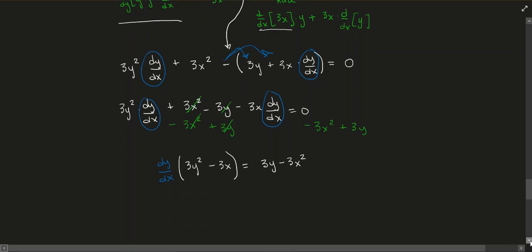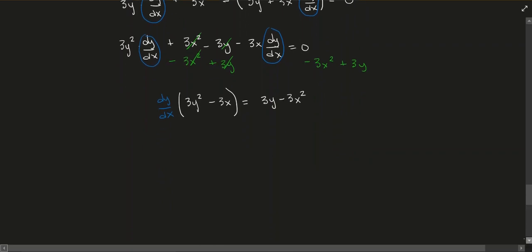Our last step is to divide the factor off of the dy/dx term. So we need to divide this group in parentheses here, the 3y squared minus 3x. And that leaves our dy/dx all by itself.